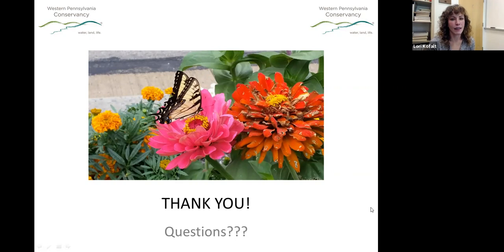Some things I can think of off the top of my head would be wild ginger, which typically does well in dry shade, as well as some violets. And you should definitely be able to find a plant list specific to dry shade on Audubon's website, and then we will have ours up in the winter as well.